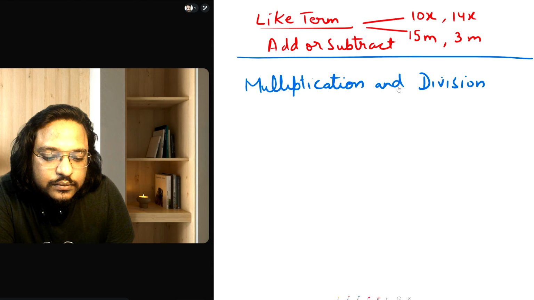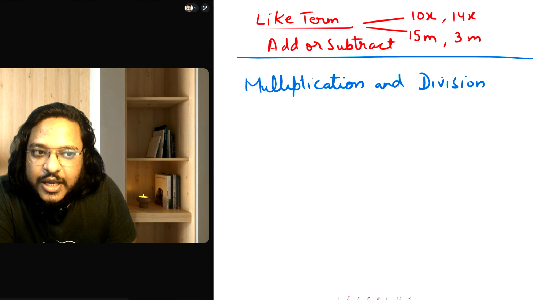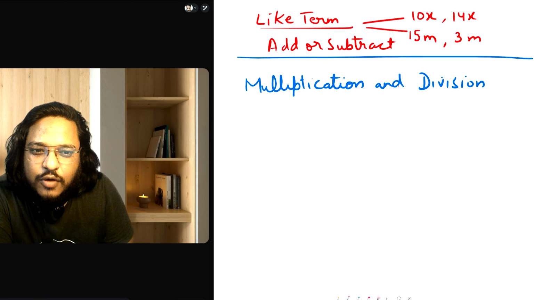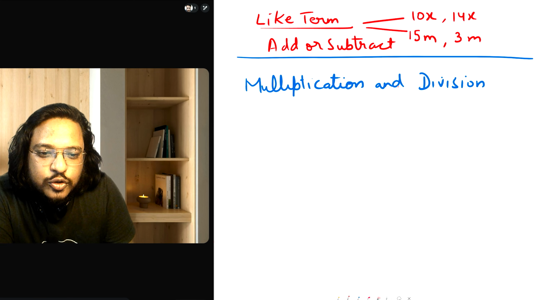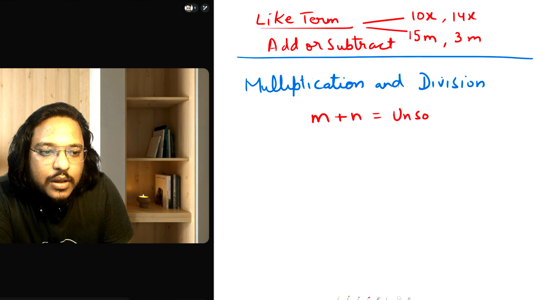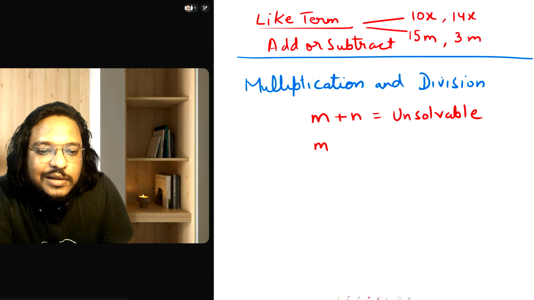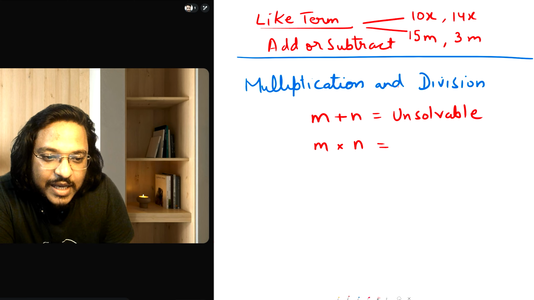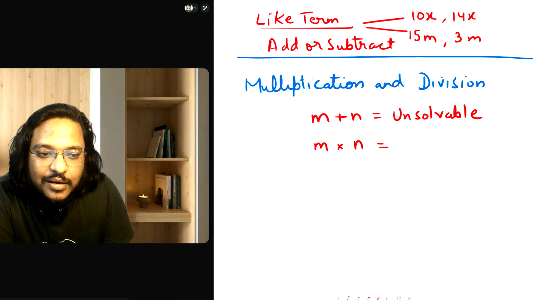No. In the case of multiplication and division, they are very, very lenient kinds of operations. So m plus n is unsolvable, but m times n is totally possible. The answer for m times n is mn.